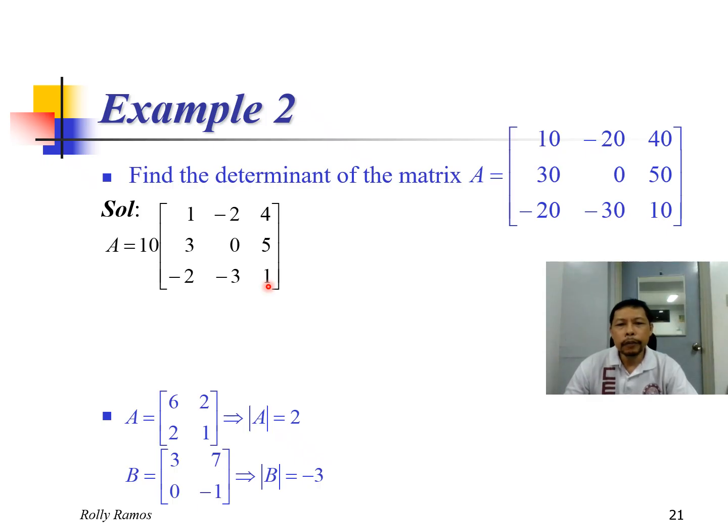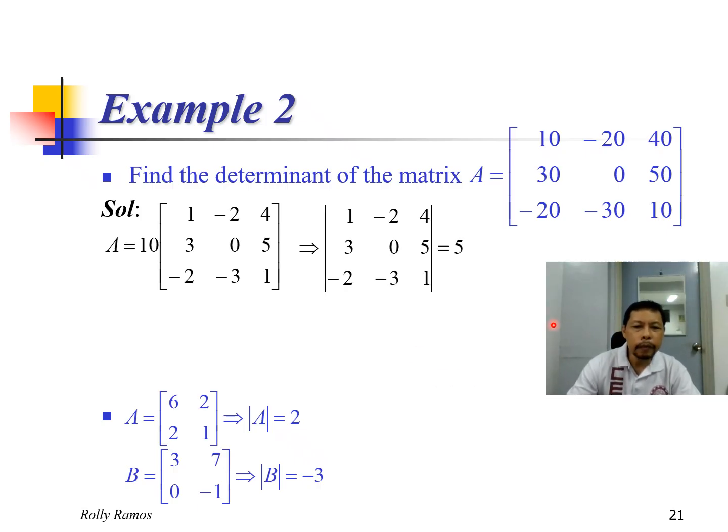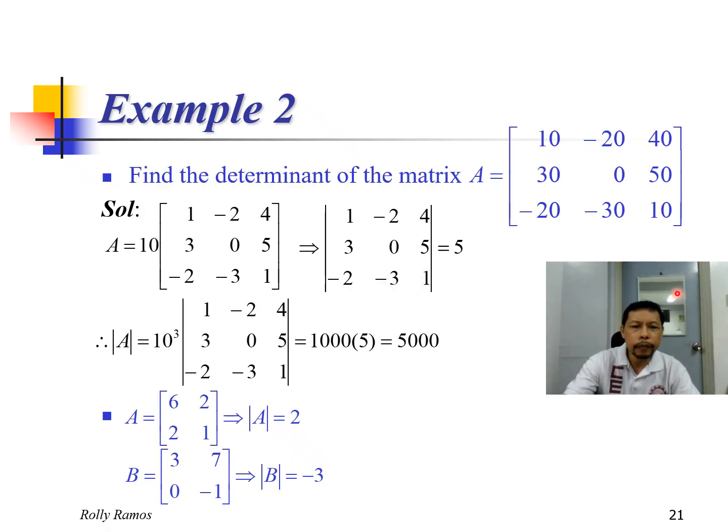Okay, so 10 is a common factor of all the elements of A. And that is equal to the determinant of 1, negative 2, 4, 3, 0, 5, negative 2, negative 3, 1, which is 5. Therefore, the determinant of A is equal to 5,000. That is 1,000 times 5.